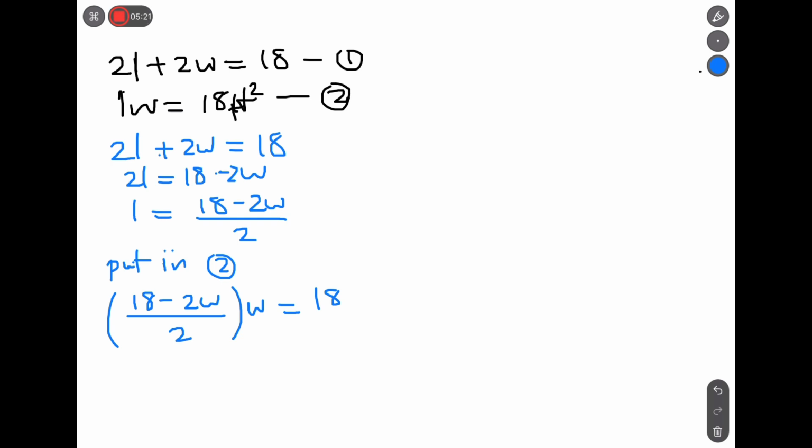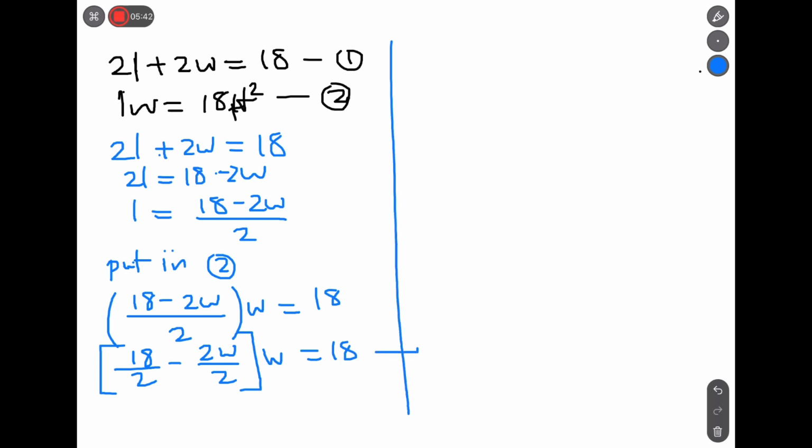So if we look at this now, we can further write this as 18 over 2 minus 2W over 2, and that's all multiplied by W equals 18. So we carried on here. We expanded, and that becomes 9W minus W squared equals 18.